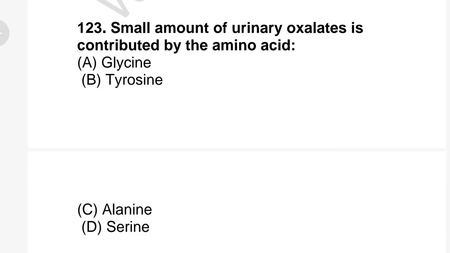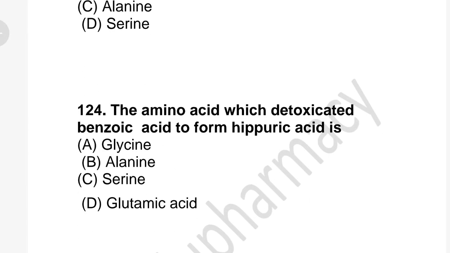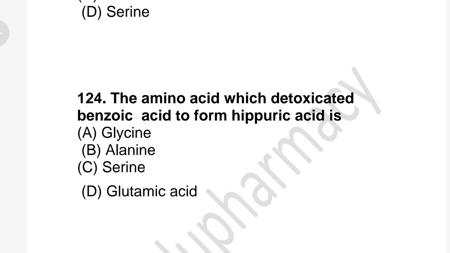Right answer is option A. The amino acid which detoxifies benzoic acid to form hippuric acid is option A glycine, option B alanine, option C serine, option D glutamic acid. Right answer is option A.